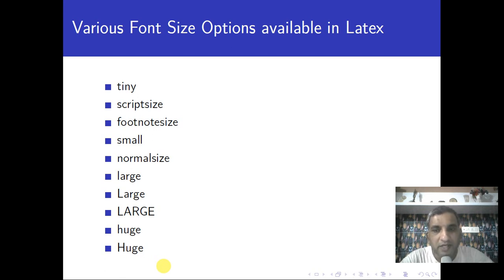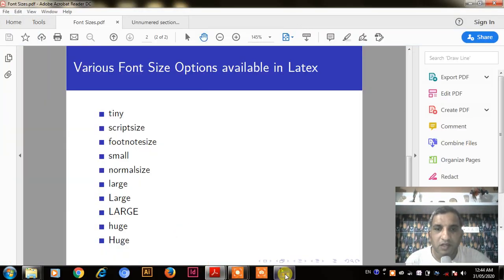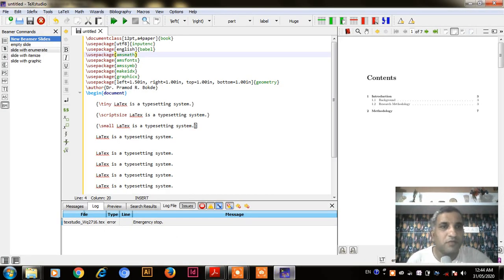Now let us quickly see how these commands are going to produce the text in various sizes. Let us quickly jump into TeXstudio and check how these commands produce the outputs. I will go to TeXstudio and quickly produce a new file.